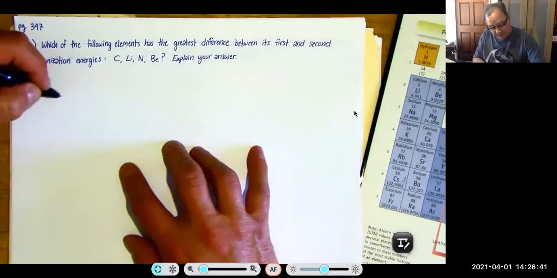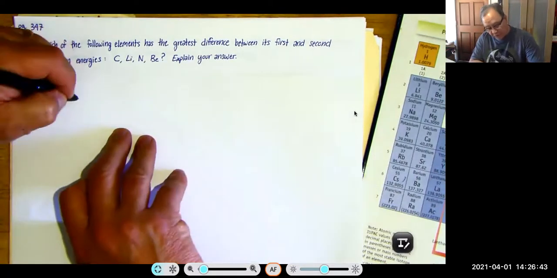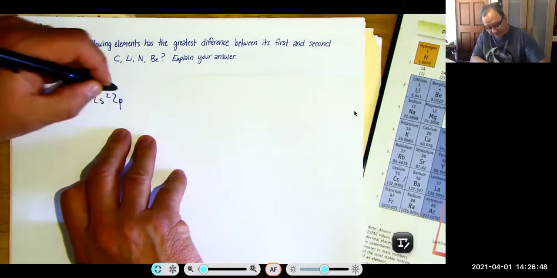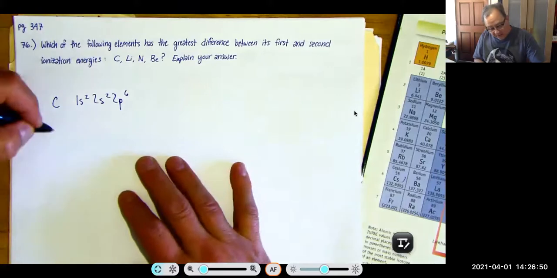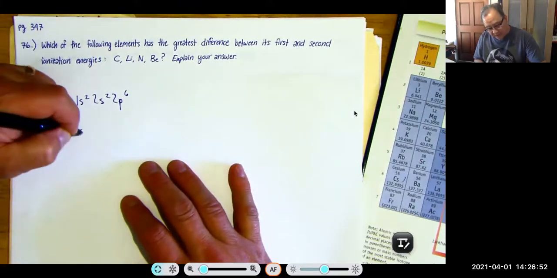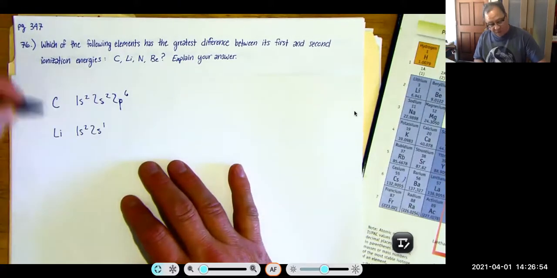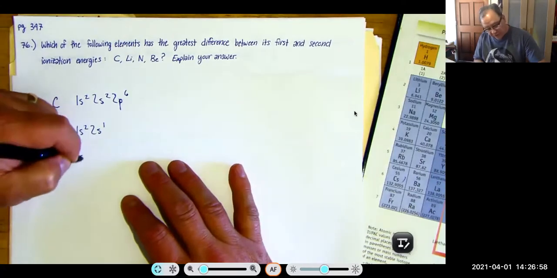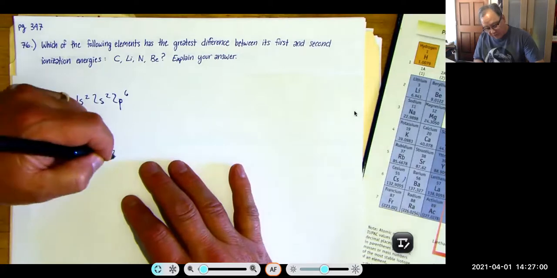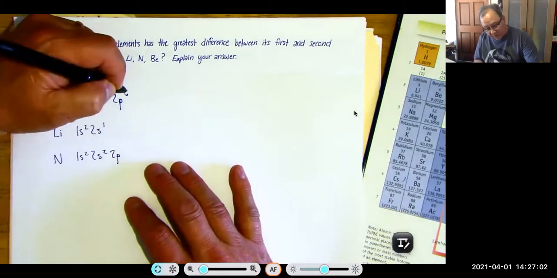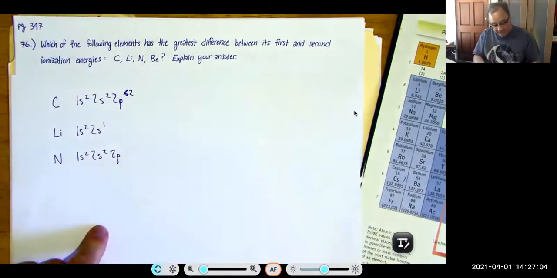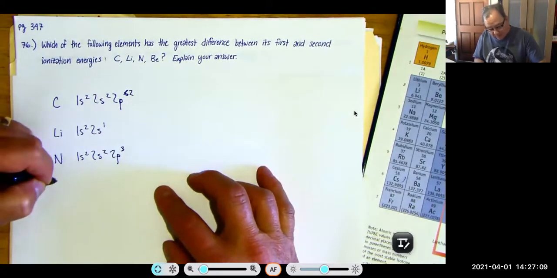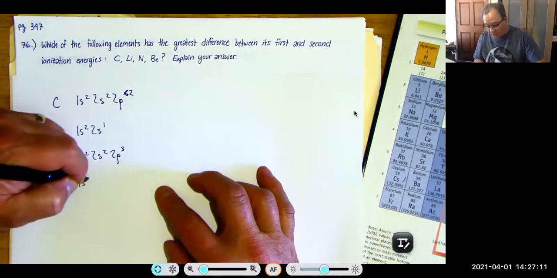So we're going to look at carbon, which is 1s2, 2s2, 2p2. We're going to be looking at lithium, which is 1s2 and 2s1. We're going to look at nitrogen, which is 1s2, 2s2, 2p3. And then we're going to look at beryllium, which is 1s2, 2s2.